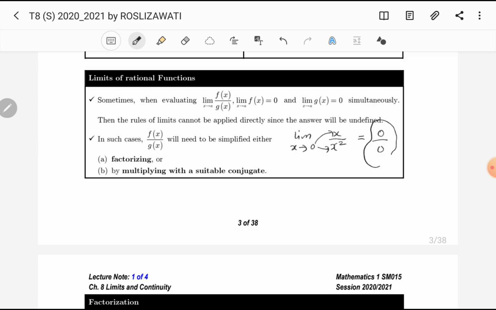For 0 over a number, the answer is 0. If a number over 0, the answer in limit will be infinity. But for 0 over 0, we cannot say the answer is 0 and it is not infinity.